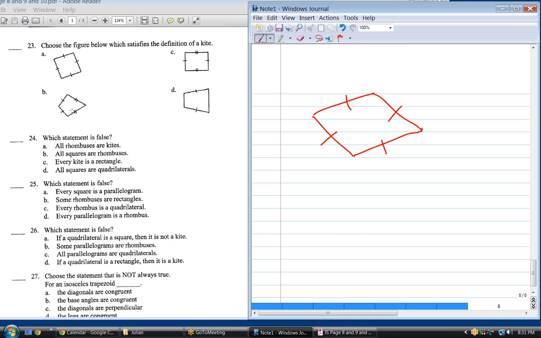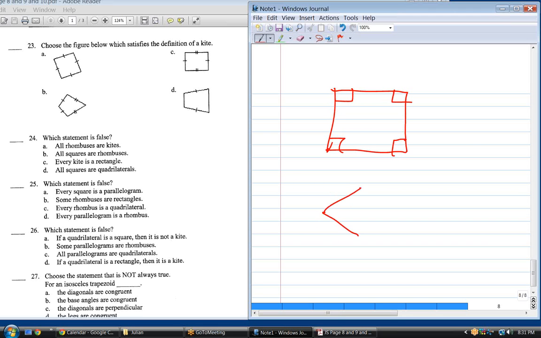No, every kite is not a rectangle. A rectangle has to have 90-degree angles. In other words, a rectangle is automatically 90 degrees, all four of them. And kites, you can have no right angles.